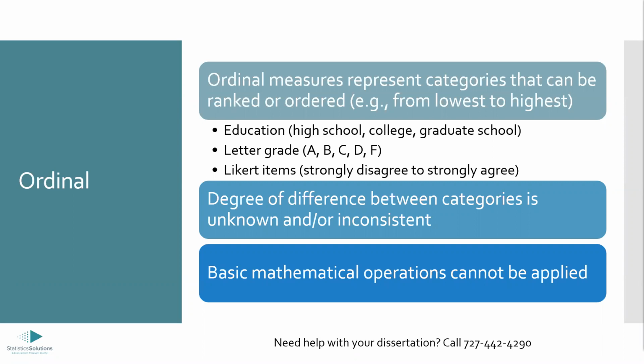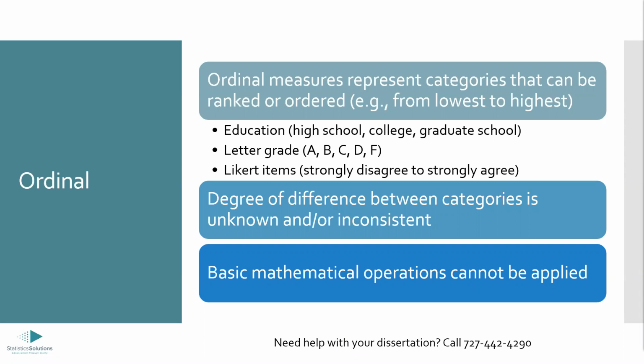Other examples may be things like letter grade. So we know that an A is higher than a B, and a B is higher than a C, and so on. And this also applies to things like Likert items. We'll talk more about Likert items specifically in more detail a little bit later.